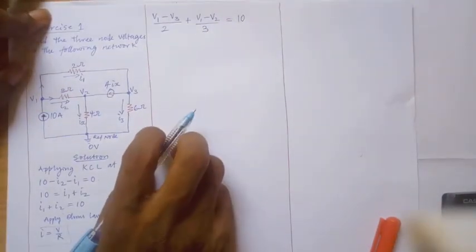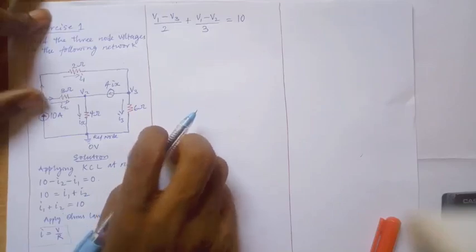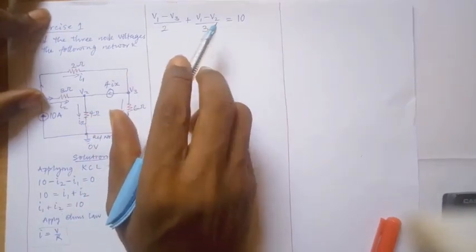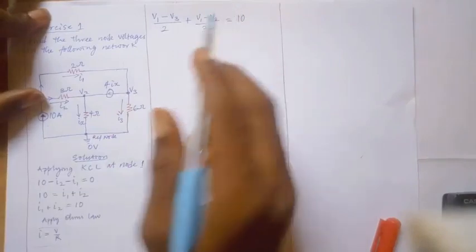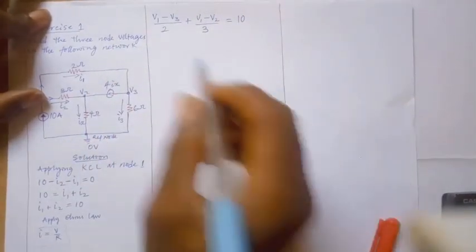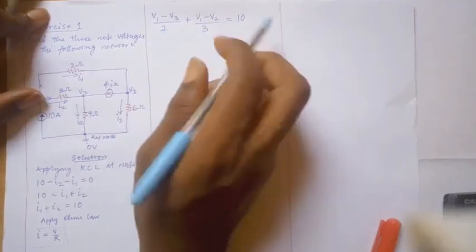Now, can we leave the equation like this? No. We cannot leave the equation like this. What are we going to do? We are going to find the LCM of these 2 and 3. What comes to your mind? You know that 6 comes to your mind. Good. So the LCM of 2 and 3 is 6.